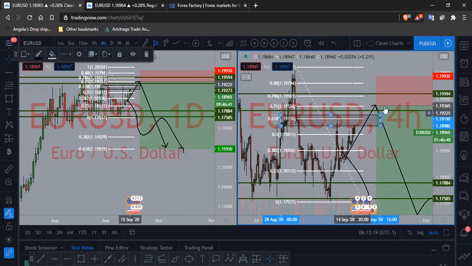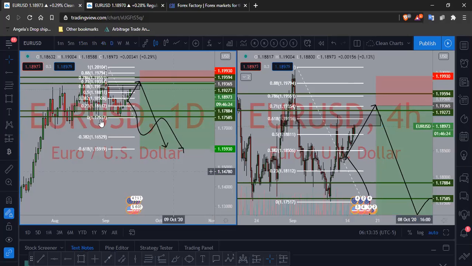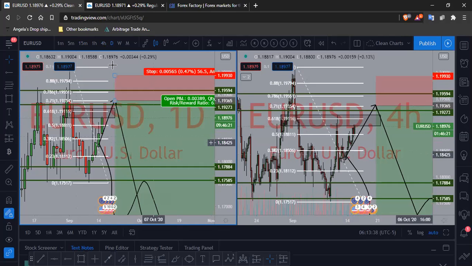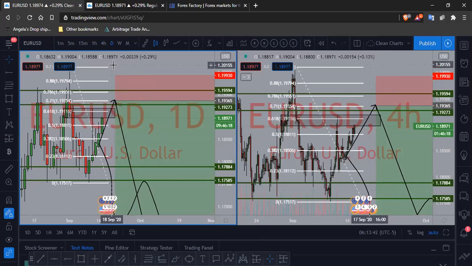That's what I'm really watching out for, if price is going to come back up here just to fake out the buyers and then drop. FOMC does weird stuff like that. I've seen worse. So I'm watching out for that, but overall I am bearish on the EURUSD.